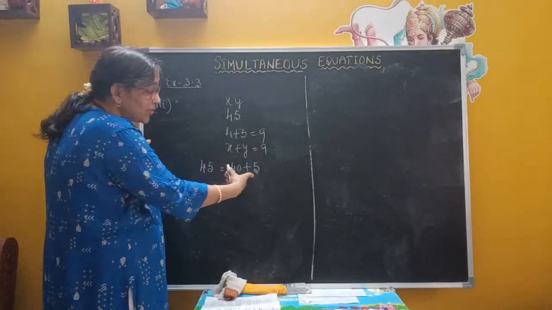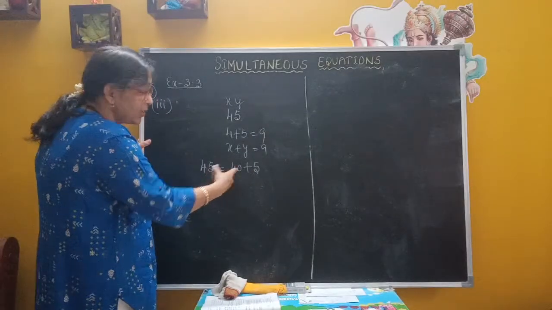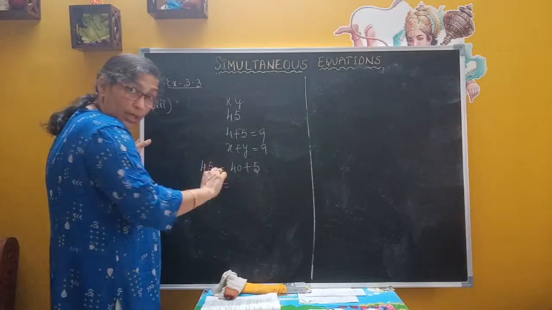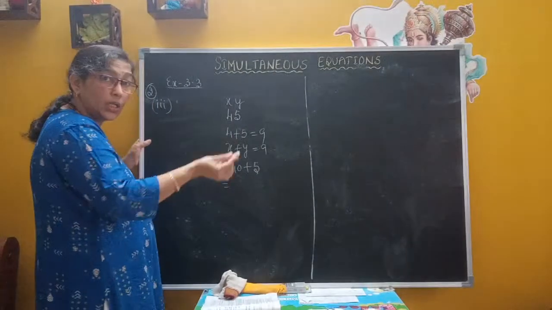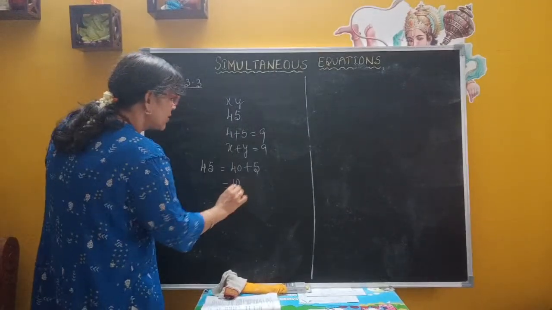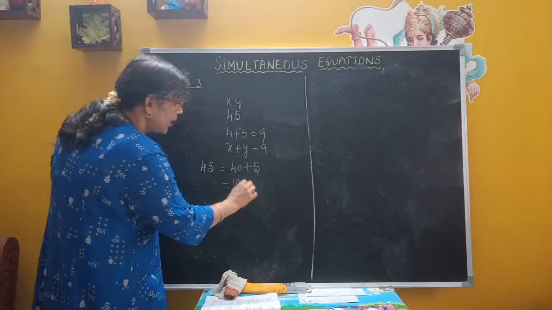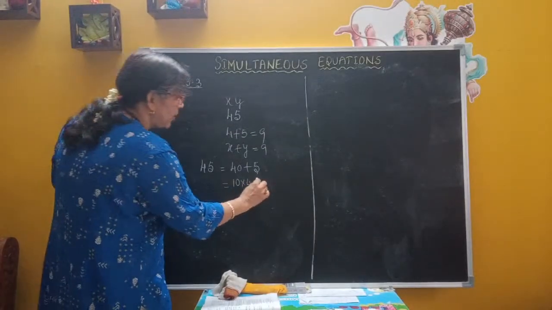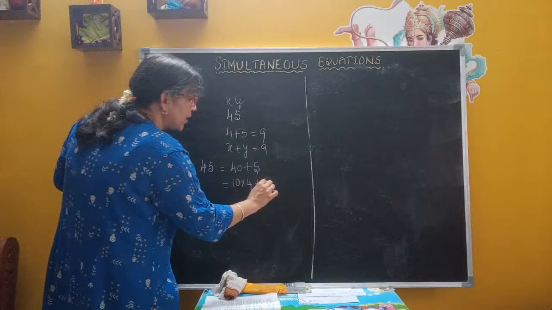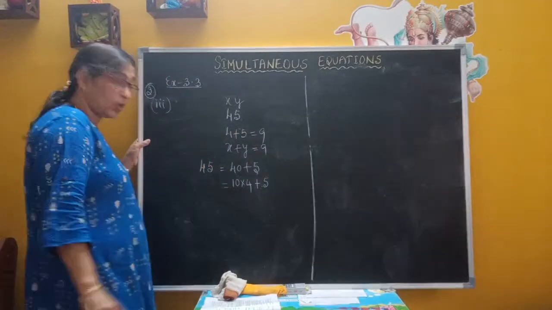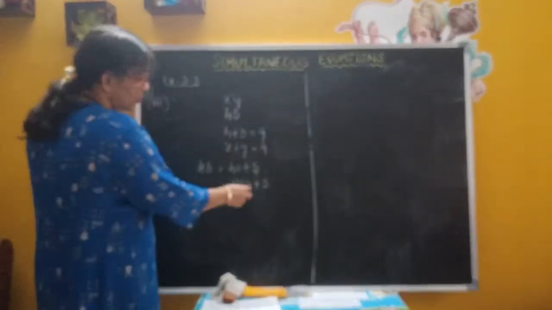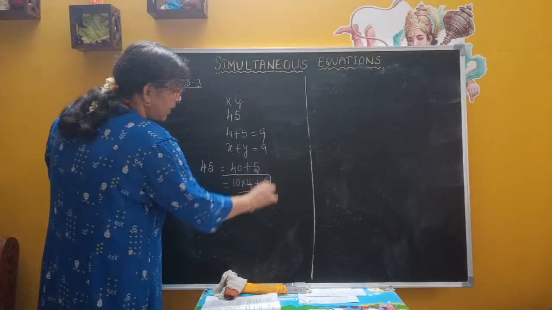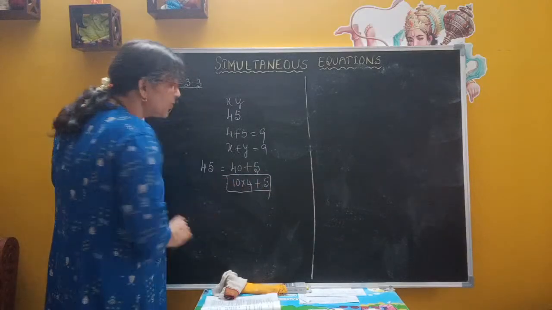So 40 plus 5. We can split this as 4 into 10. Correct now? 4 into 10 or 10 into 4. So 10 is the tens place into 4 is the digit in the tens place. So plus 5 into 1, or nothing but 5 only. Okay, so we can write this as 10 into 4 plus 5.